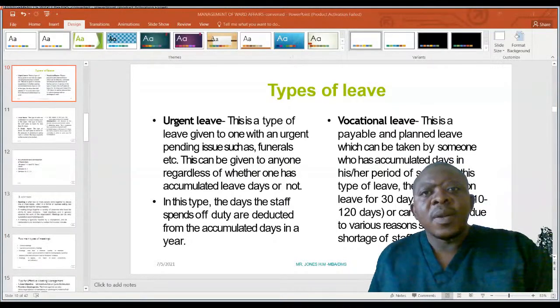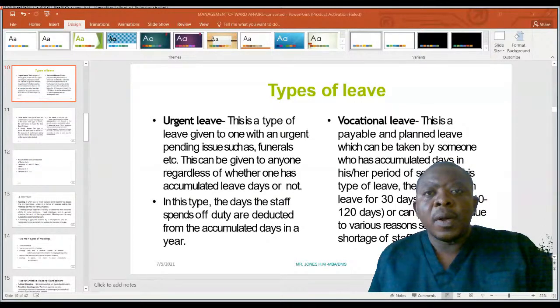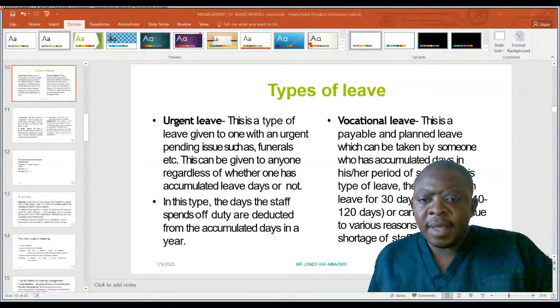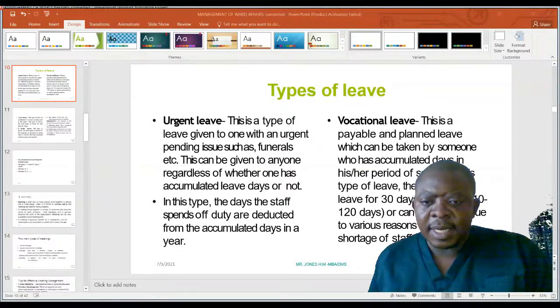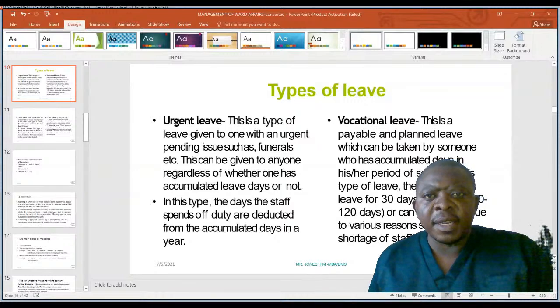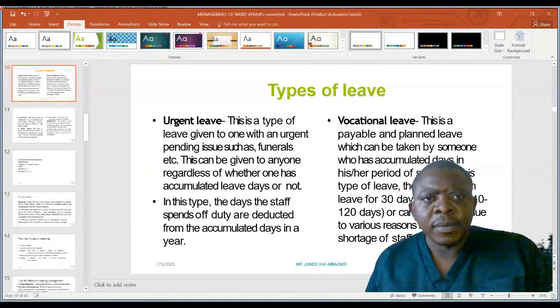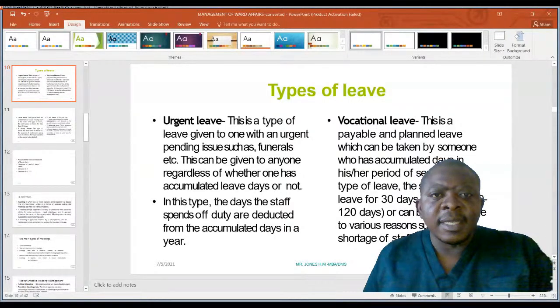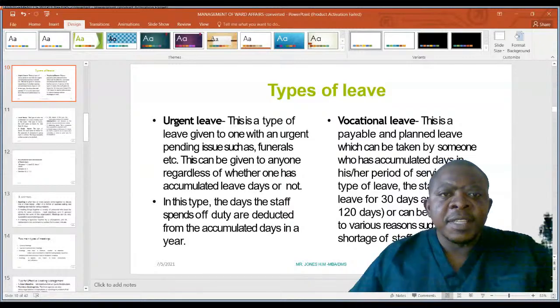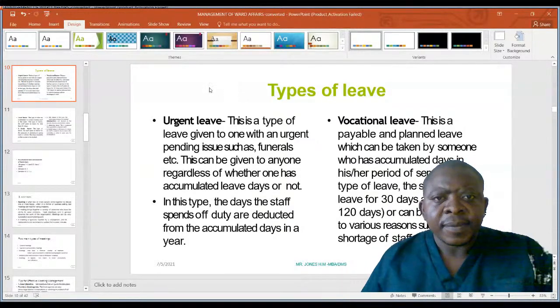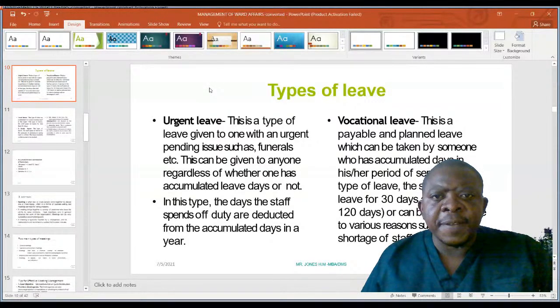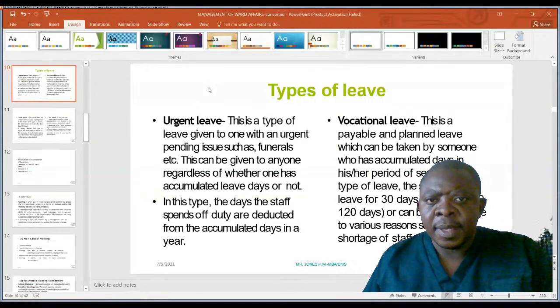So now let's talk about types of leave. There are various types of leave that we can talk of, but we have just decided to put in a few. Urgent leave. This is a type of leave given to one with an urgent pending issue, such as a funeral.